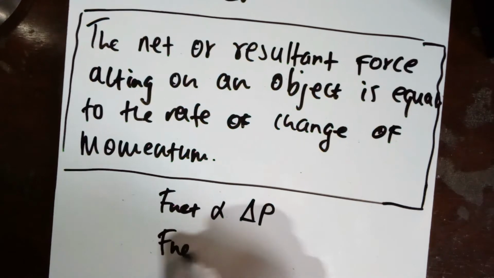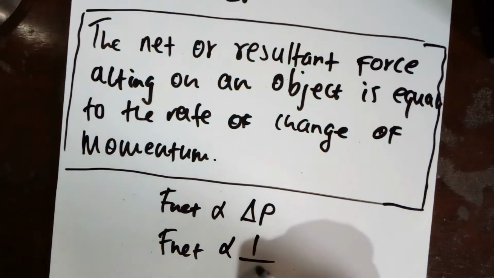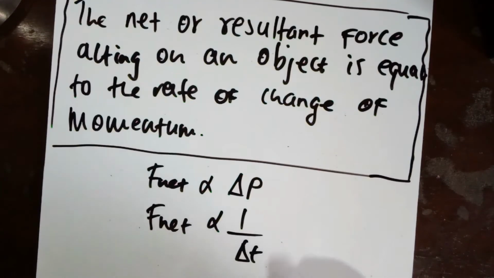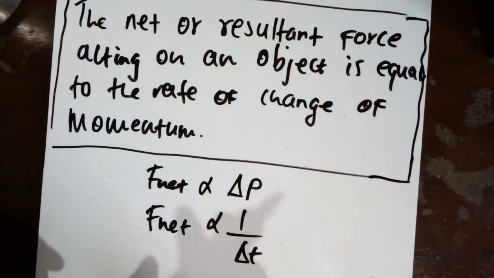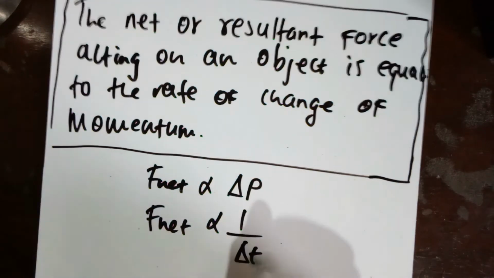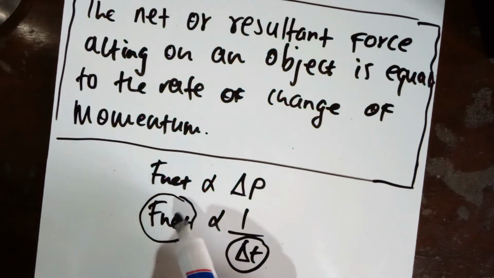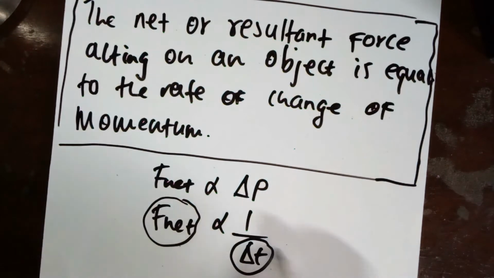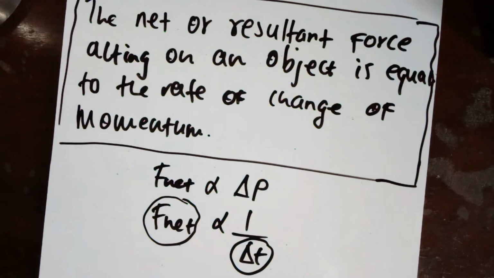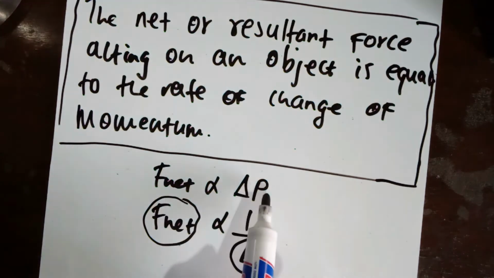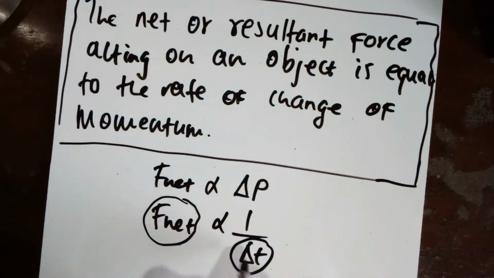But F net is inversely proportional to the change in t, meaning if the time of contact or the time of the collision increases, the net force will decrease, and if the time decreases, the net force will increase. That's an important thing to know: F net is directly proportional to the change in momentum but inversely proportional to the change in time.